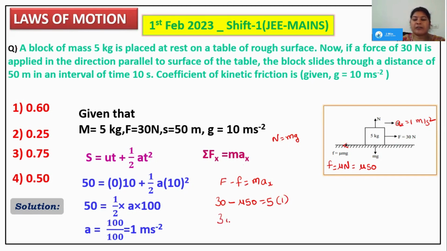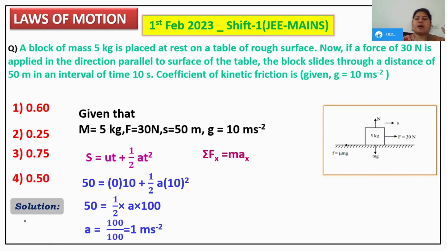Now 30, bring this 5 into 1 to this side, it becomes minus 5, equal to mu into 50. 30 minus 5 is 25, so 25 equal to mu into 50, which implies mu equal to 25 by 50, which is 1 by 2, nothing but 0.5. Coefficient of friction has no unit. So mu is equal to 0.5. The fourth option is correct.